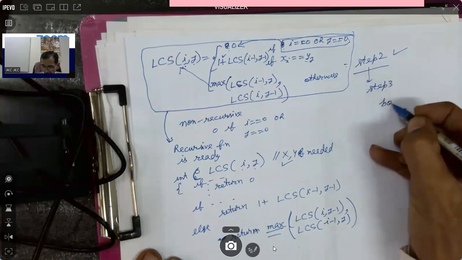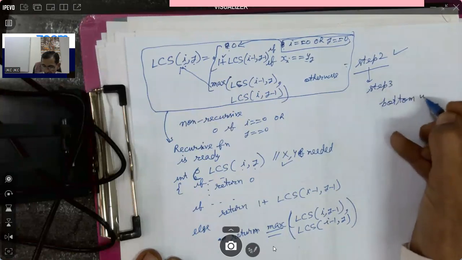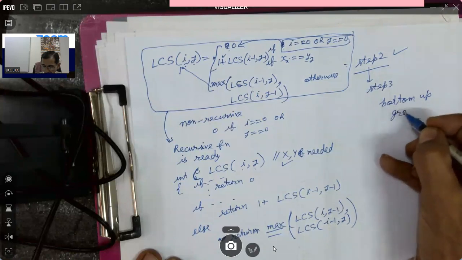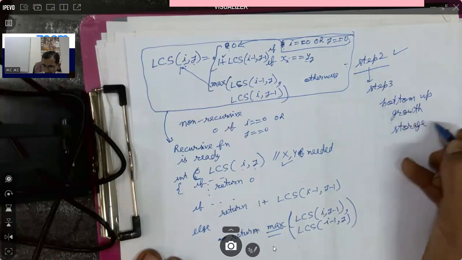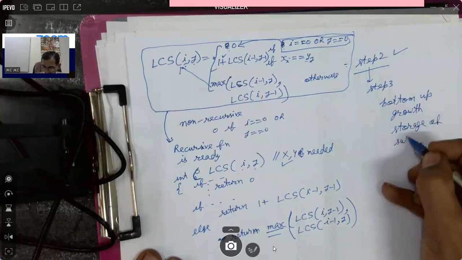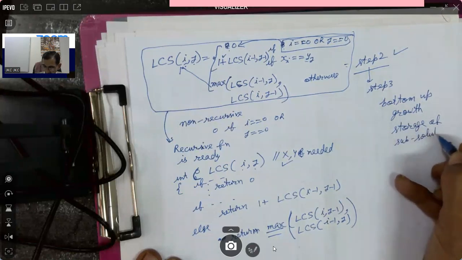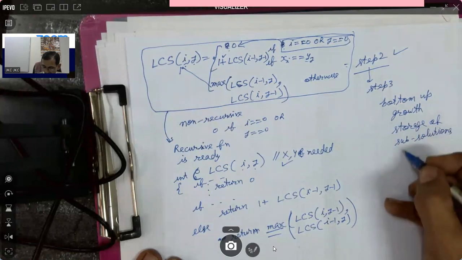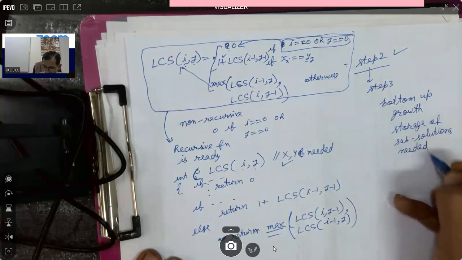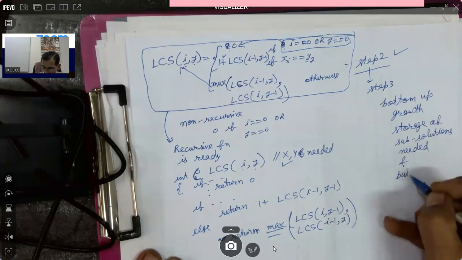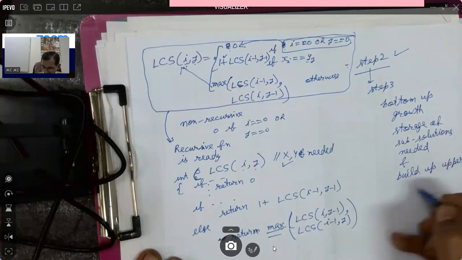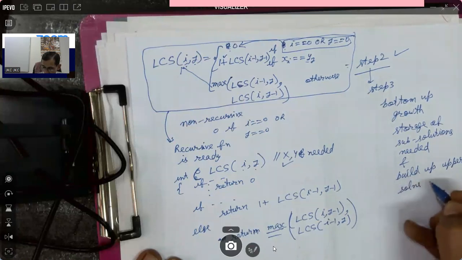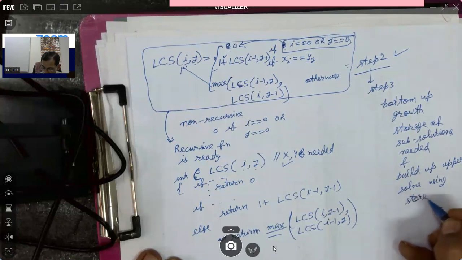Bottom up means I have to grow. For bottom-up growth, effectively, I need some storage of the sub-solutions needed, and build up your final solution, or build up upper solutions, using sub-solutions, using stored values.